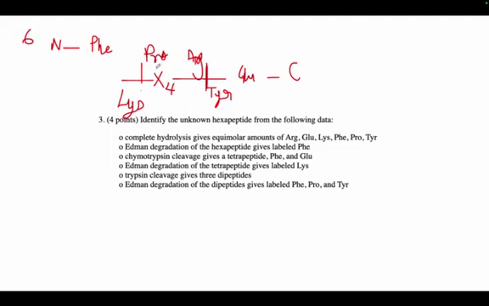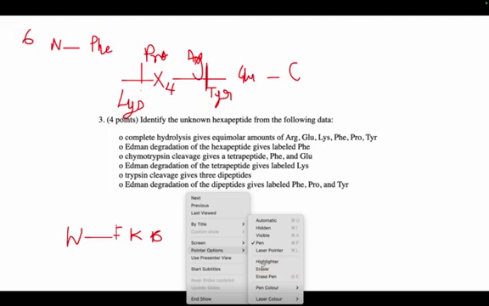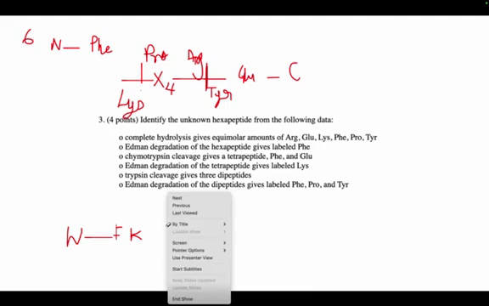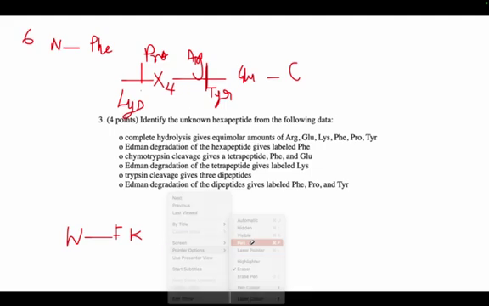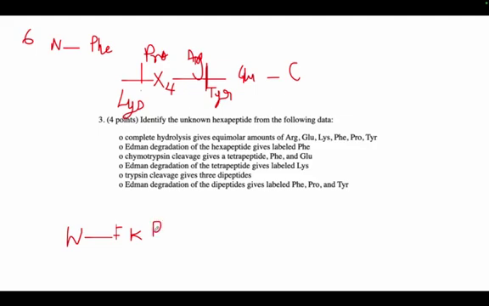So just to recap, the peptide sequence of this will be phenylalanine, lysine, proline, arginine, tyrosine, and glutamate.